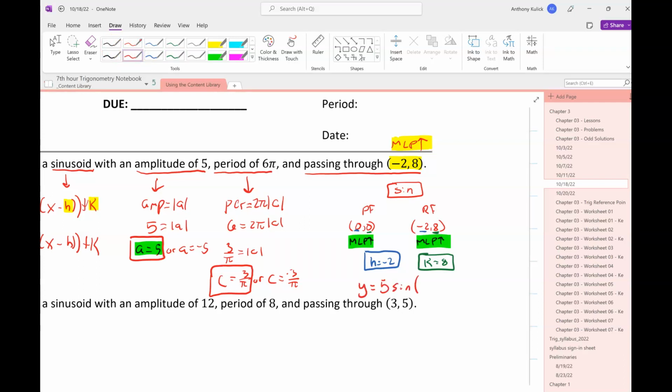And that's all we need to get our final answer. So one possible answer could be that.